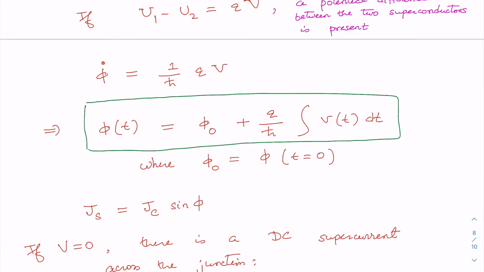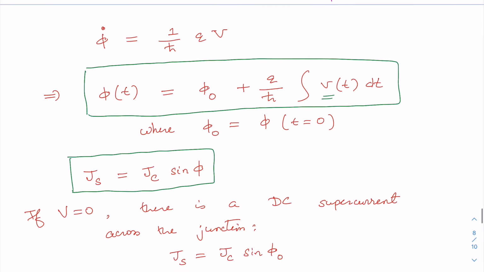You can see that if there is no potential difference V, then this phase is simply phi 0, which is the phase at time t equal to 0, and the current density is Js equal to Jc sine phi, which I already told.